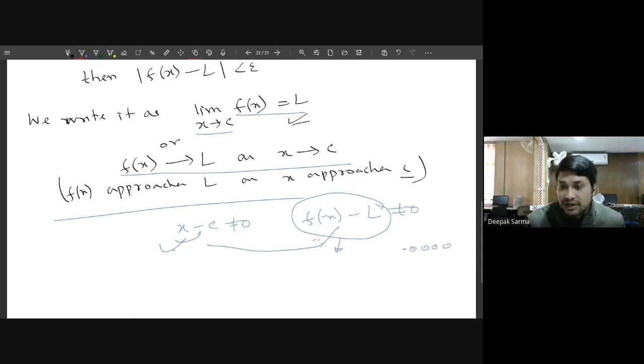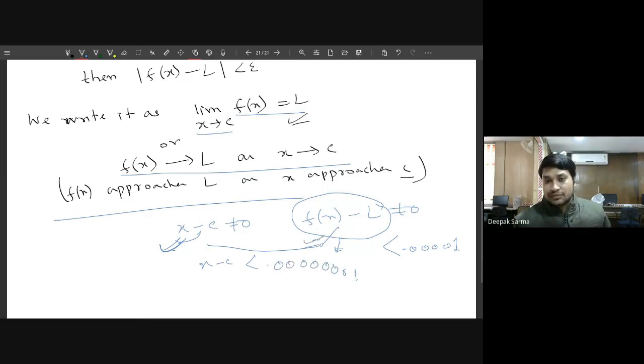Do you understand it? As small as you want this quantity, I can make it, by choosing x more suitably, closer to c.